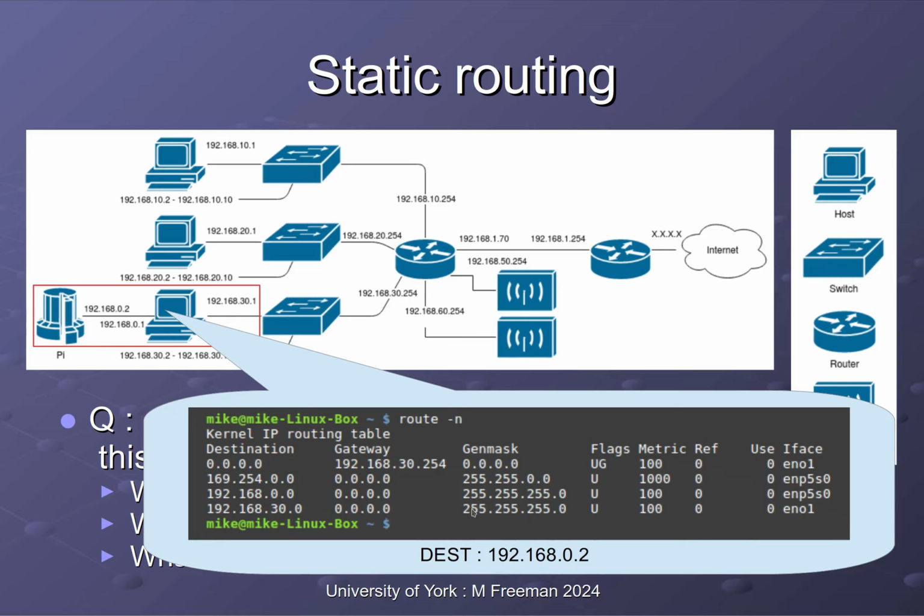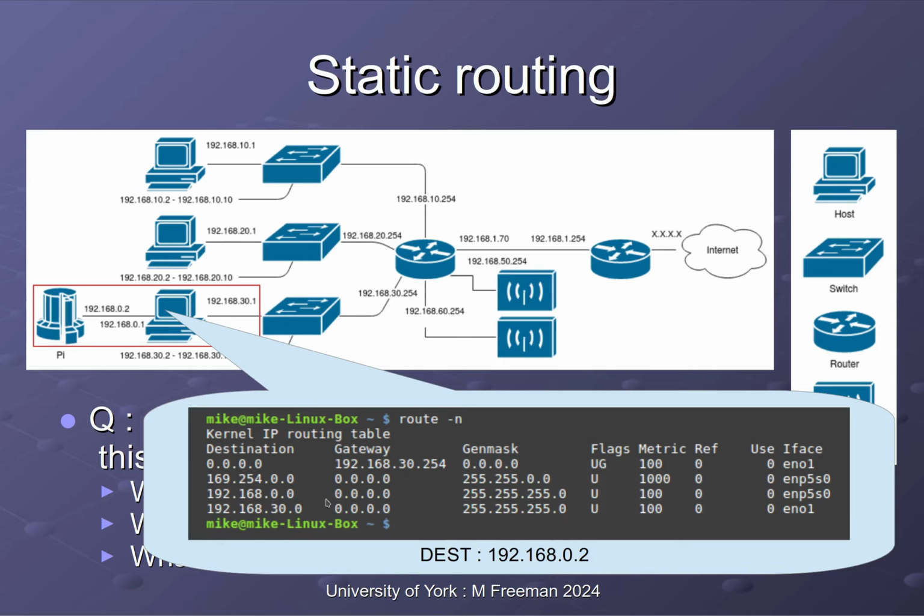Again, if you do the bitwise AND of 255.255.255.0, it will extract the top 3 digits. We can see here the first 2 match perfectly, so 192.168, but obviously the 30 does not match the 0, so that is a non-match. However, if we do the same thing again using this network mask for this interface, you can see that will extract again the 192.168.0, which matches perfectly the 192.168.0.0 we have here.